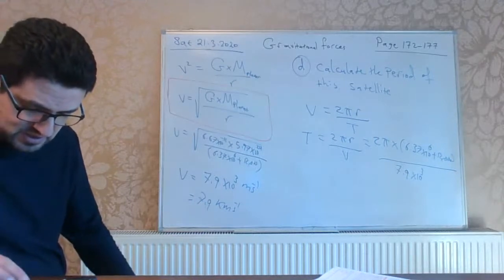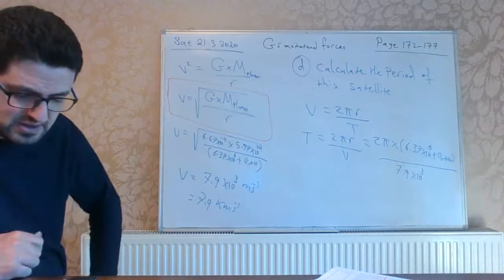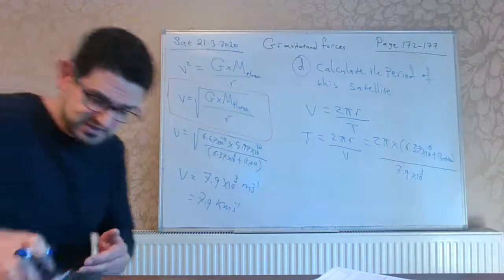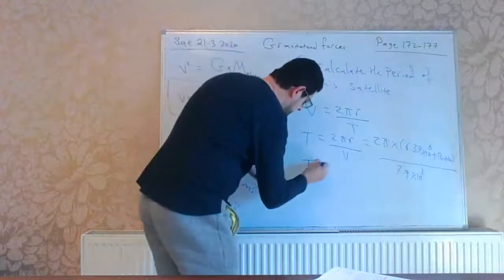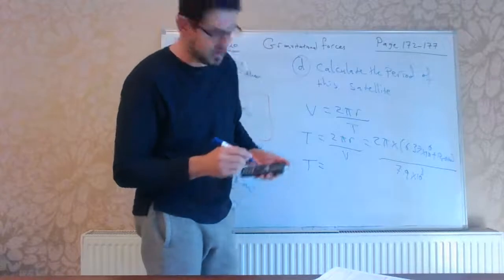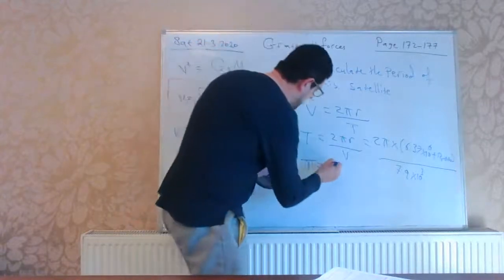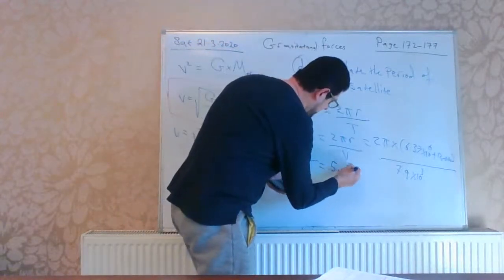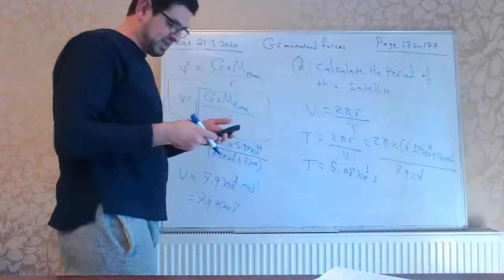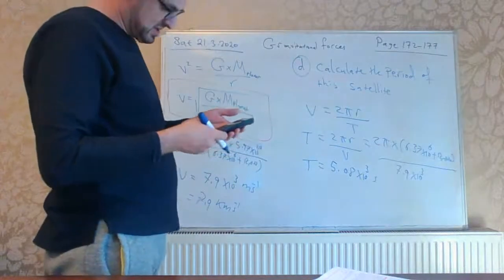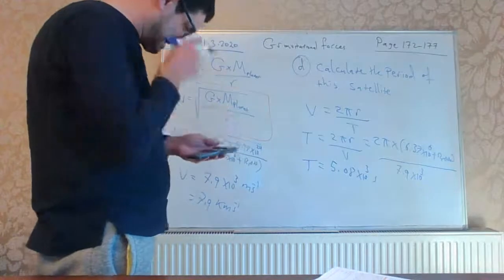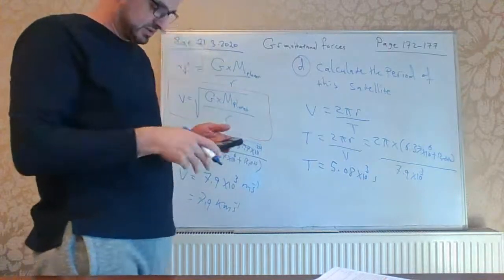Let's see. In seconds, the time period, the time to finish one full cycle, is 5.08 times 10 to the power of 3 seconds. Divide by 3,600 to see how many hours.